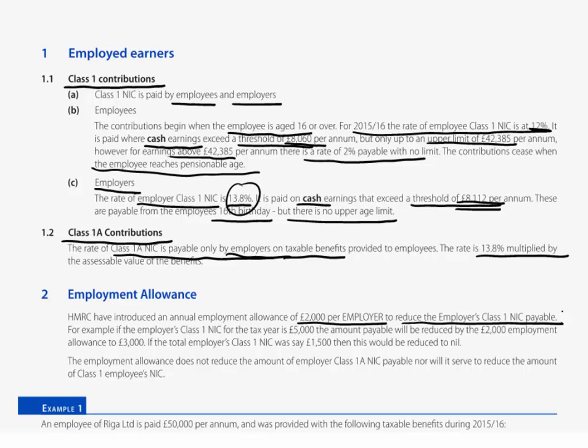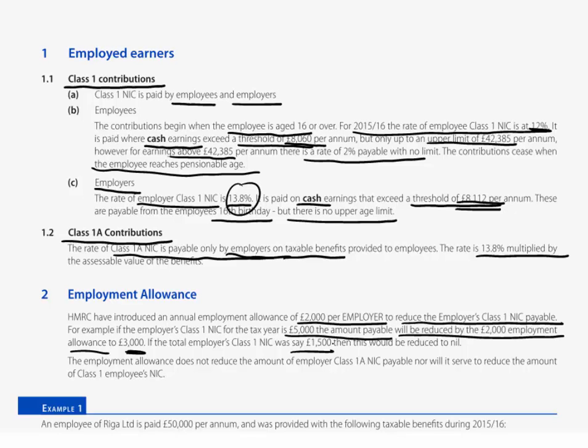So, if the employer's Class 1 NI for the tax year were to be £5,000, the amount actually payable by the employer is reduced by the £2,000 employment allowance, so you'll only actually have to pay £3,000. If the employer's Class 1 NI liability is less than £2,000, for example, say £1,500, then there is nothing to pay. It's reduced enough. You don't get any money back. They don't pay you, but there would be nothing to pay.